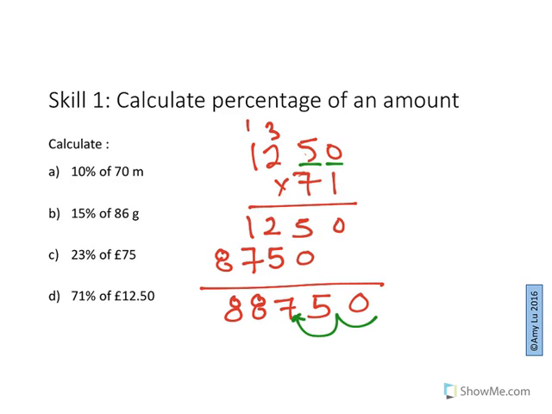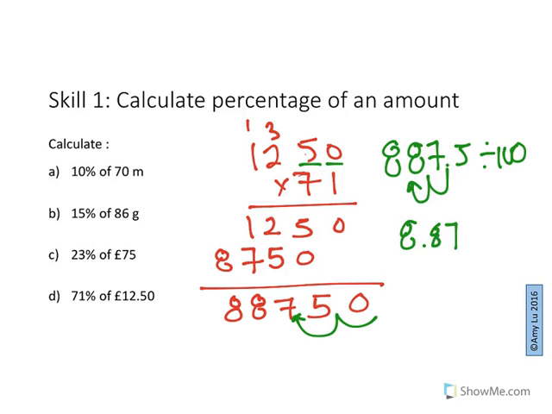And the last step, again, you have to take this number, 887.5, divided by 100, and that moves the decimal in 2 more times, so it makes 8.875. Now, because we're talking about money, we have to round this to the nearest coin, so this would be 8.88 pounds.